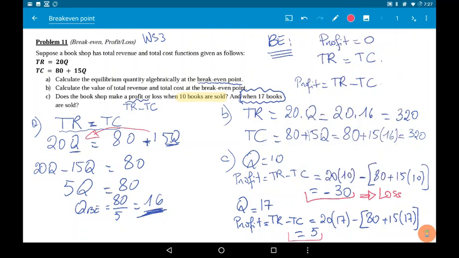This is positive profit, so we have profits at Q equals 17.